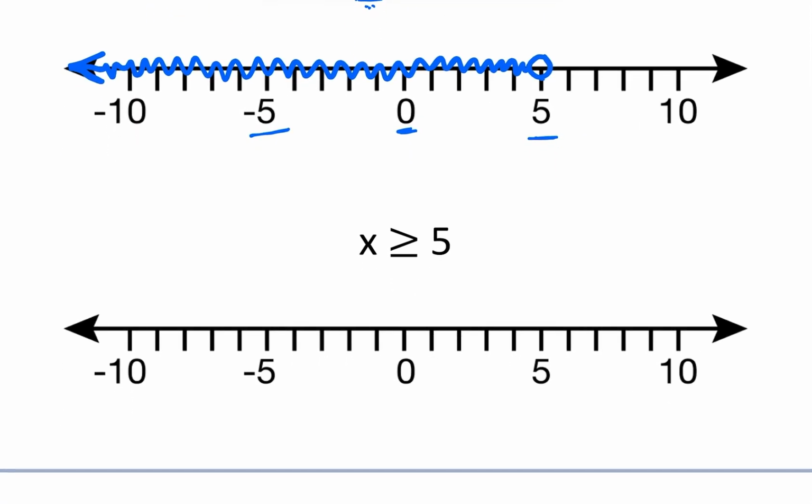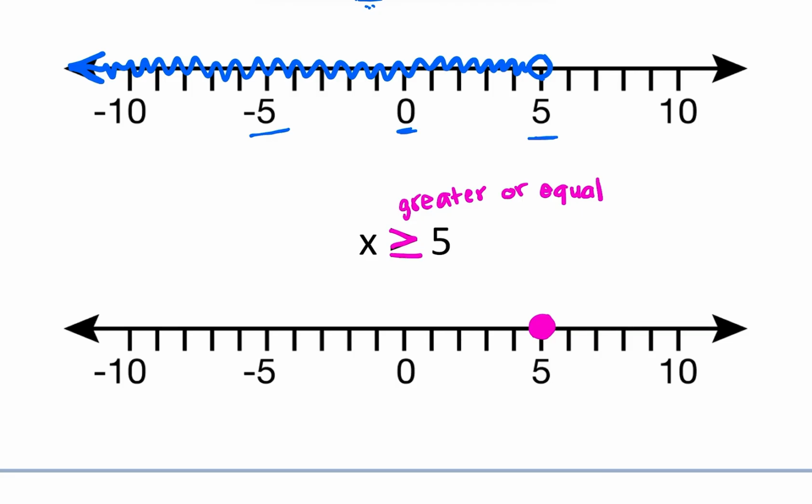All right, and then let's look at this one. So on this one, my alligator is facing this way. So this one is telling me x is greater, or, since we have that line, greater or equal to 5. So we're going to go to 5 again, but this time, since we have the equal sign, we're going to draw the circle and shade it in.